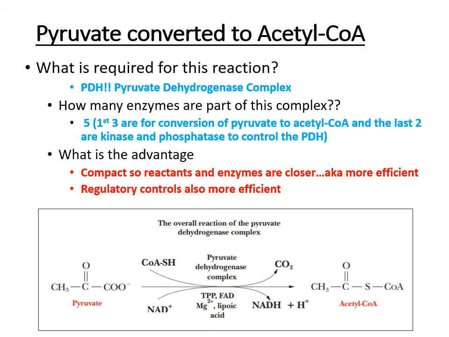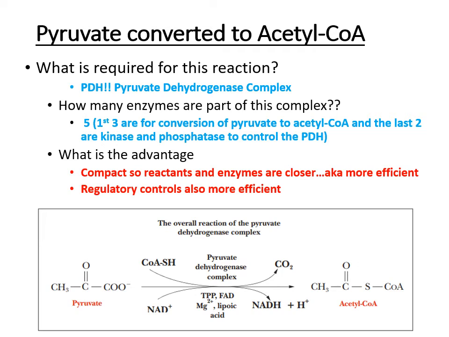So now pyruvate, like we keep saying, is a very significant molecule because it's got a lot of different fates, and it can come from a lot of different places as well, one of which that we've mentioned is, of course, glycolysis. It moves from the cytosol into the mitochondria.